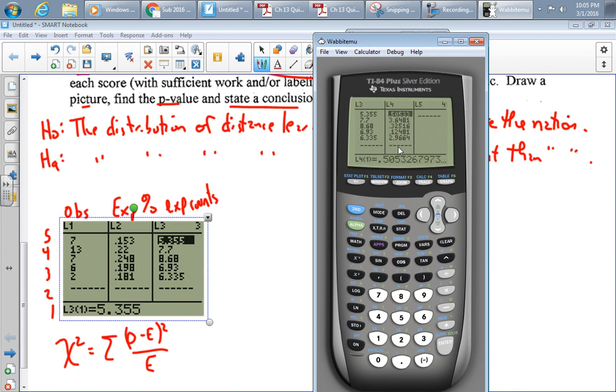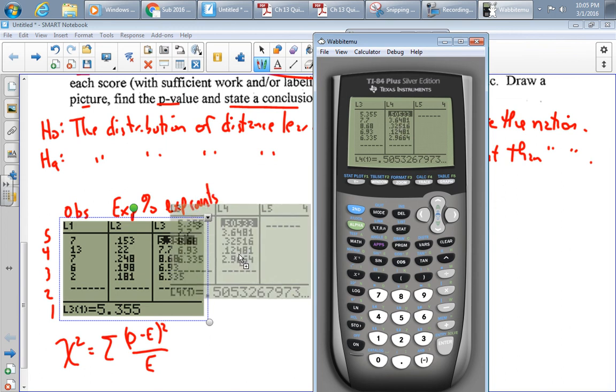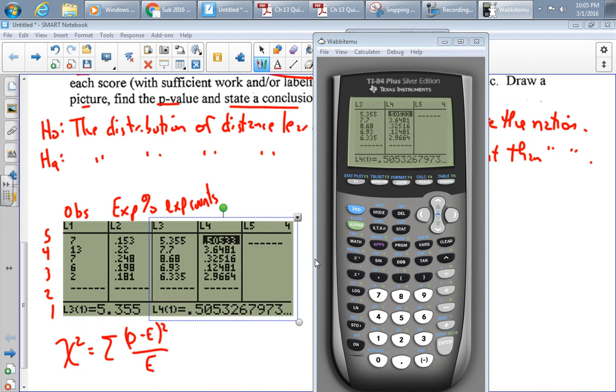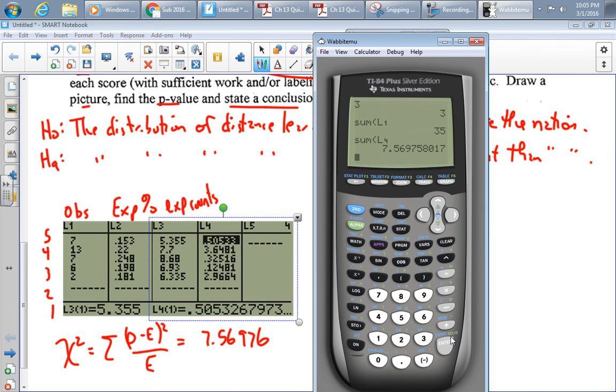And I get this right here with these numbers. So I could even drag that over here and kind of line that up. And there's what I get. And then when I add up these values in L4, I get the chi-squared test statistic of 7.5697.